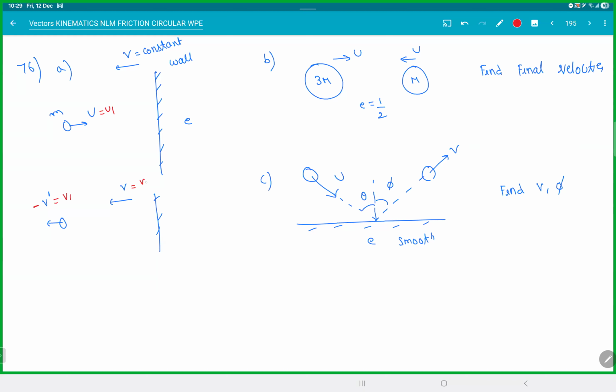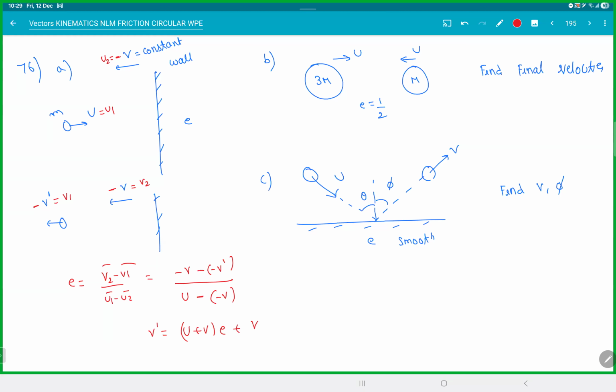This is your v2, which is minus v, and this is your u2, which is also minus v. Signs are important. e is equal to (v2 minus v1) by (u1 minus u2). So v2 is minus v, v1 is minus of minus v dash, by u1 is plus u minus of minus v. So v dash will be (u plus v) into e, plus v.